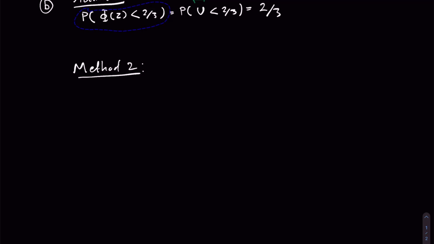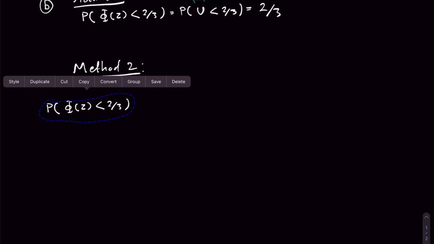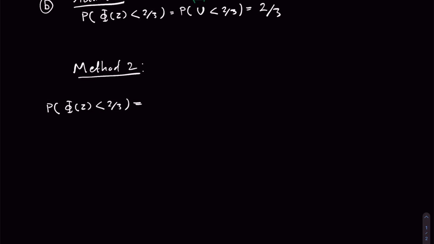I'm going to copy this here. Right, so how would we proceed? Well, we're trying to get this random variable cleaned up so it's only Z on the left hand side of the inequality.